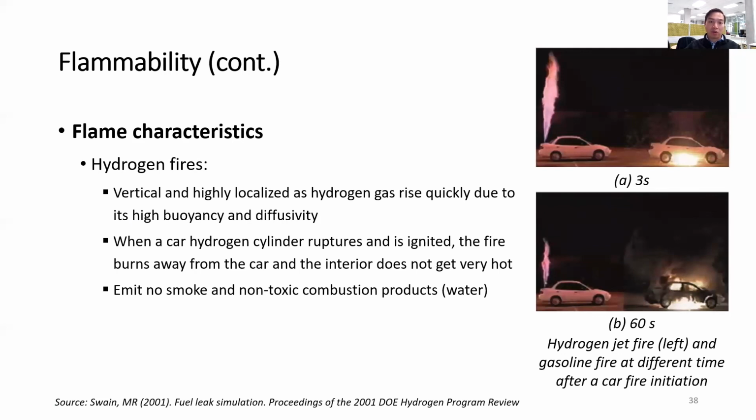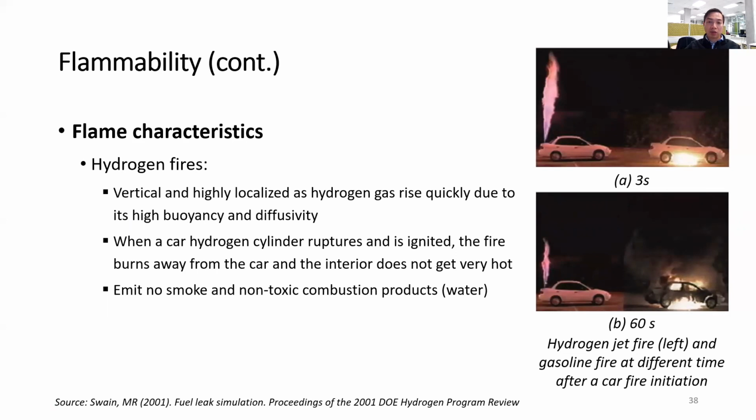So, for example, in the two figures on the right side here, they deliberately tried to ignite the storage cylinder of hydrogen on the left-hand side and the storage cylinder for the gasoline on the right-hand side, and they took pictures. This was done in 2001 at the Department of Energy Hydrogen Program Review Study.